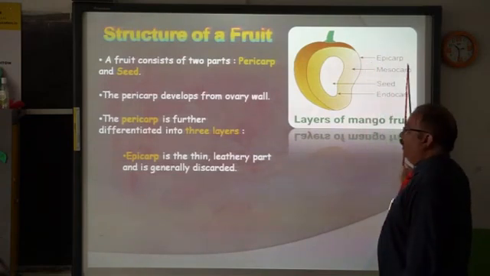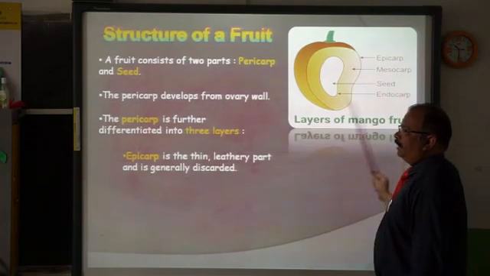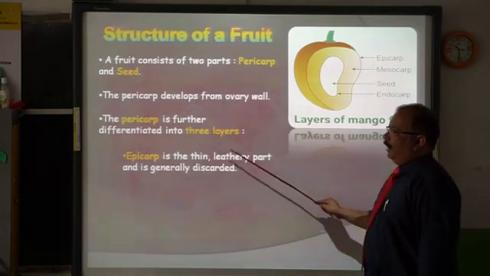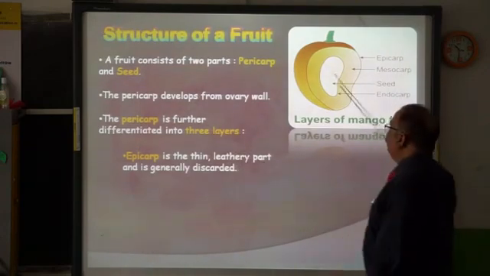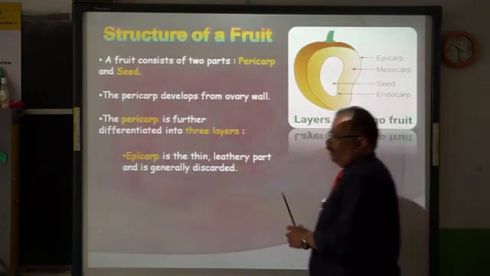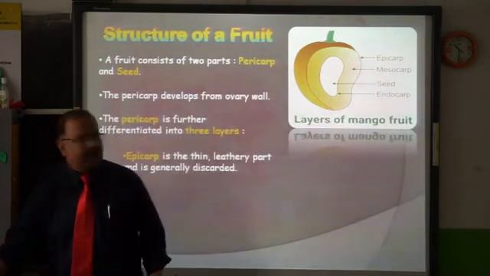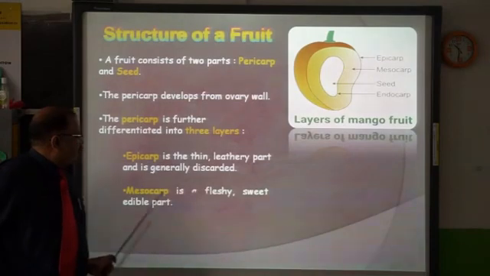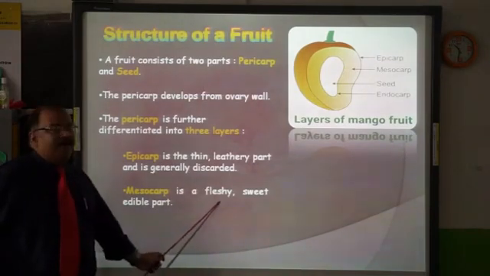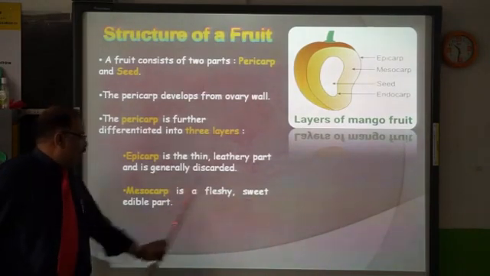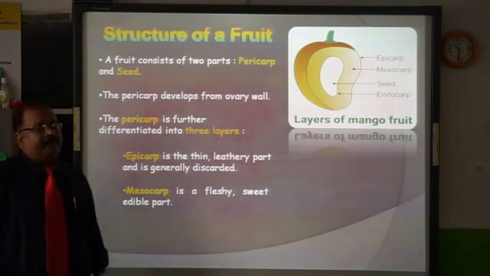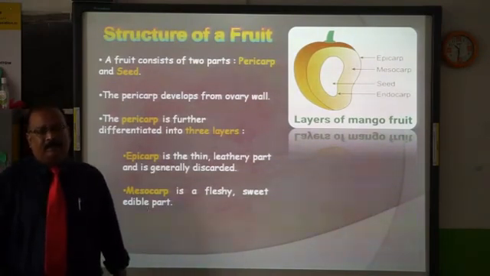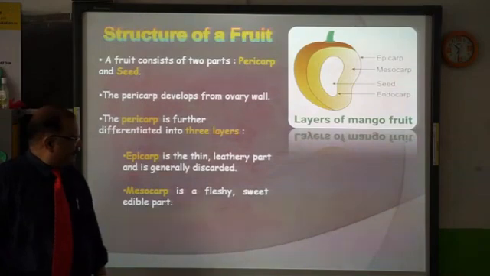This is called epicarp. Okay, this is the first part of pericarp. The next one is this one, the fleshy part, the sweet part which we eat. We call it mesocarp. Mesocarp is a fleshy, sweet and edible part of the fruit which we eat.